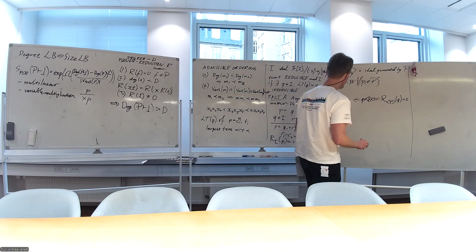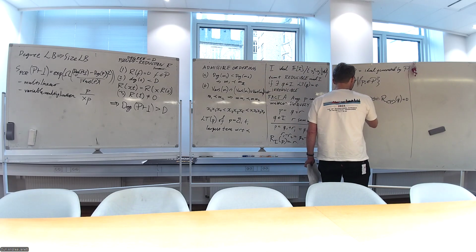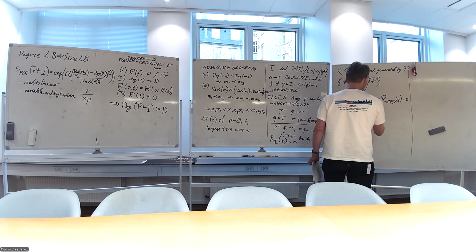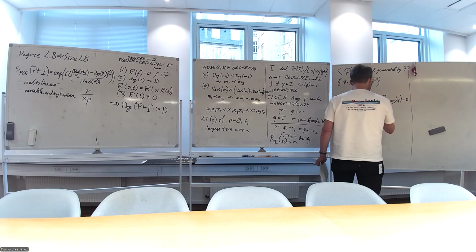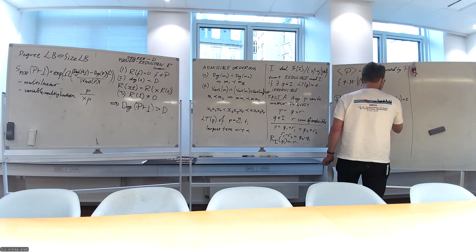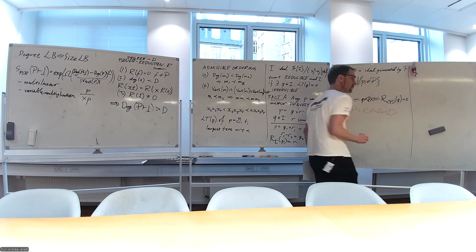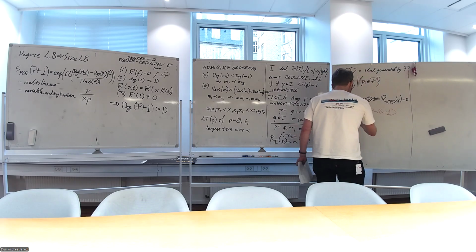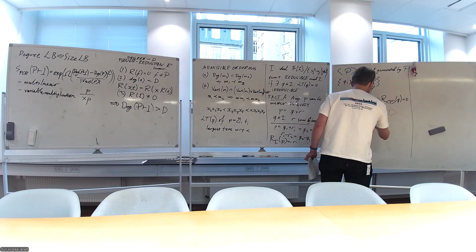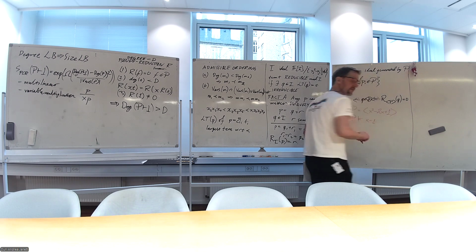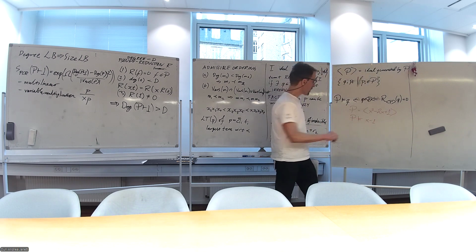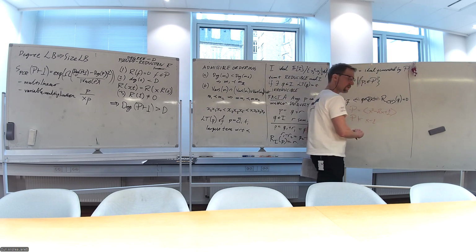Why isn't this true in general? Well, suppose that P is generated by, I don't know, x squared minus 2x plus 1. Then, if we're in a multilinear setting, if you stare at this for a while, you realize that this implies x minus 1, because this is just x minus 1 squared.